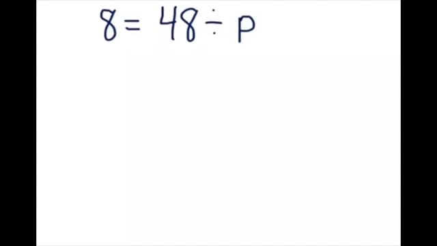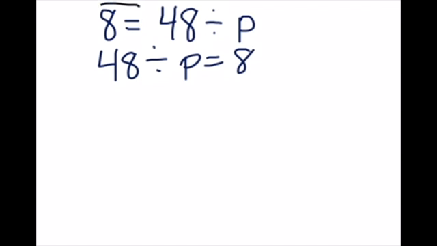Remember, that's exactly the same thing as saying 48 divided by p equals 8. It's just our equal sign and our answers are in a different spot. 8 equals is exactly the same as saying equals 8 right at the end.